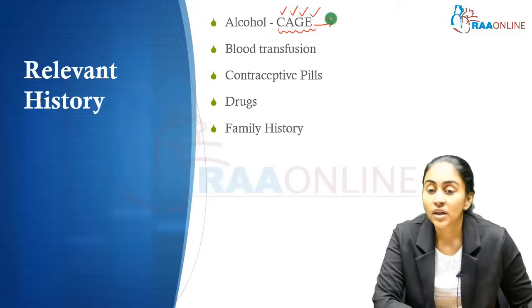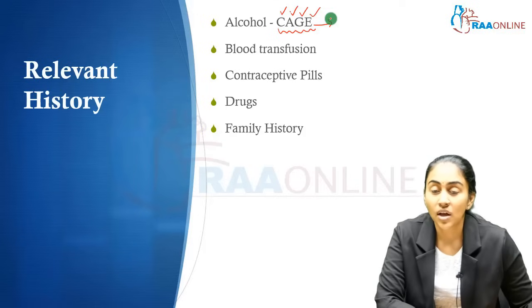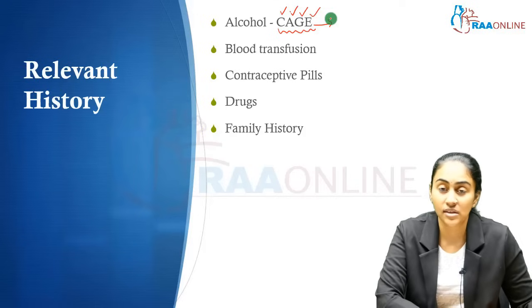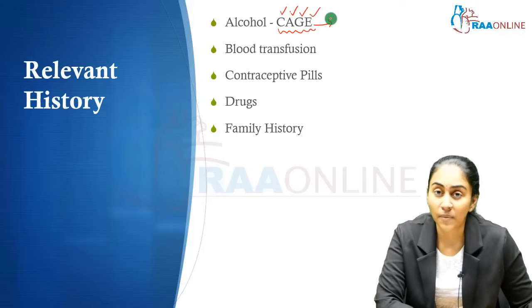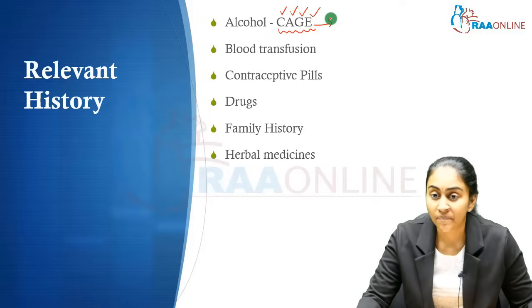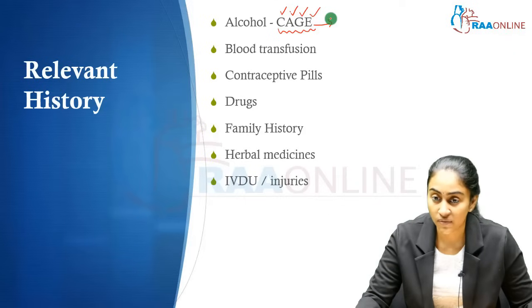Now, family history is important when it comes to certain familial diseases, certain diseases with a genetic predisposition like alpha-1 antitrypsin deficiency, other diseases like progressive familial intrahepatic cholestasis or benign recurrent intrahepatic cholestasis. Herbal medicines again are very important. They could be an important cause of a drug-induced or a toxin-induced liver injury.